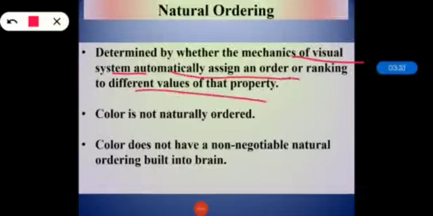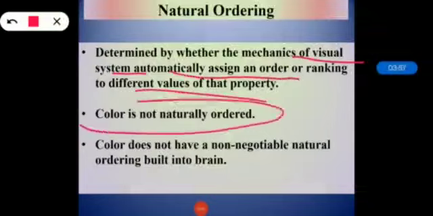The system that makes these judgments evaluates order independent of language, culture and convention. So natural orderings are not to be confused with properties for which we have learned the social conventions of the orderings as well. When we are talking about natural ordering, color is also necessary, and color is not naturally ordered. This is a somewhat tricky one, because color is not naturally ordered in our brains.